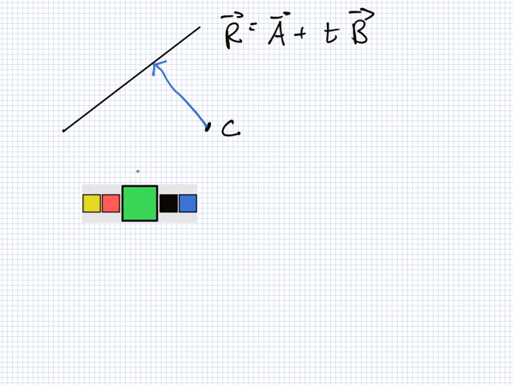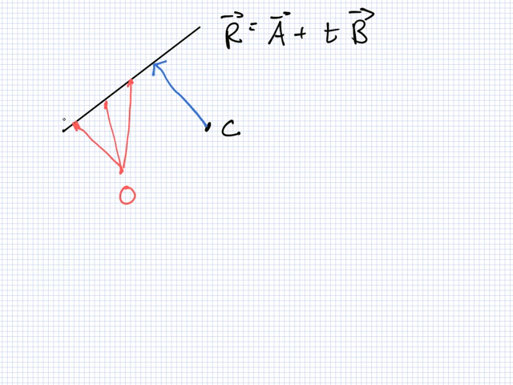Let's see. So let me just call this point here O. So again, all of these, what are these vectors here? These are all OR. Now the one we really care about is this one. This OR that points to the same place where the perpendicular is. So this is the one we really care about, isn't it? Okay. So we'll call that point there R.